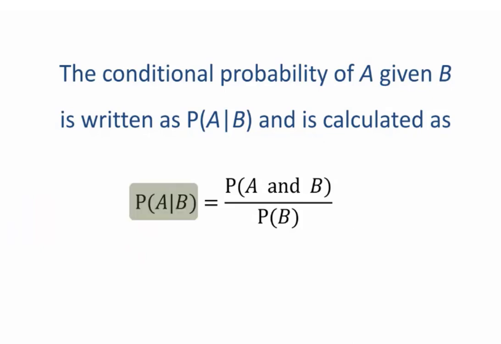This notation is the probability of A given B, and it is a conditional probability. It gives us a value between 0 and 1, and this value reveals how likely event A occurs given that event B is true.